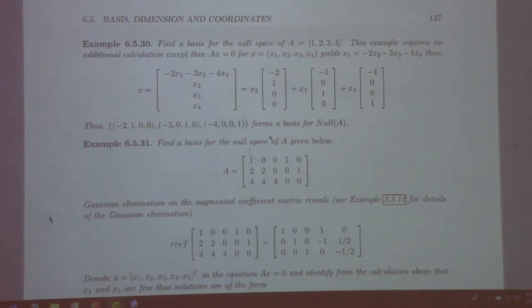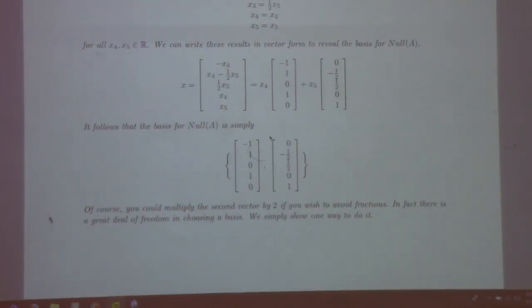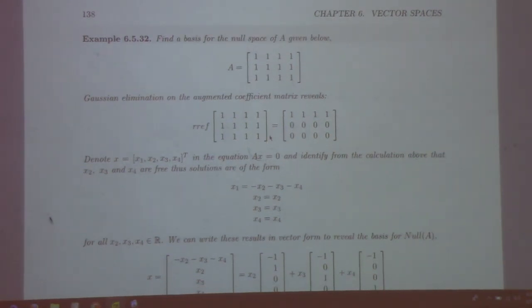Any other patterns you notice? How is the dimension of the row space and the dimension of the column space related?